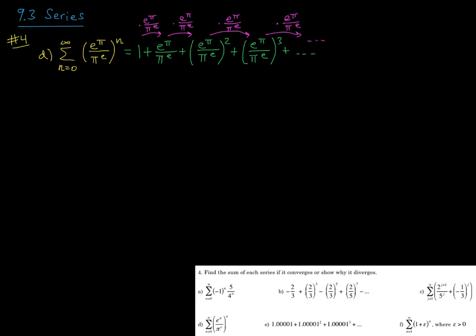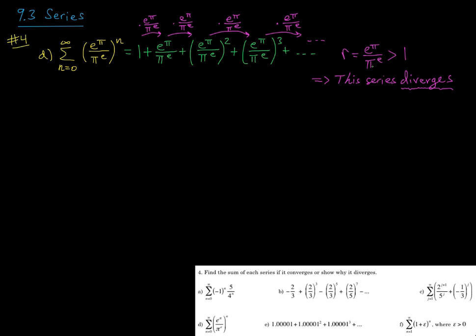So this is a geometric series, and the common ratio r here is e^π over π^e. And now we note here that this common ratio is actually a number that's just a little bit over 1. Okay, e^π and π^e are actually pretty close to one another. They're both around 22, 23-ish.